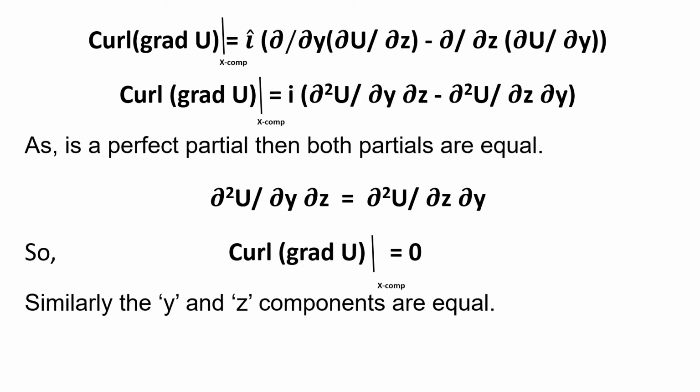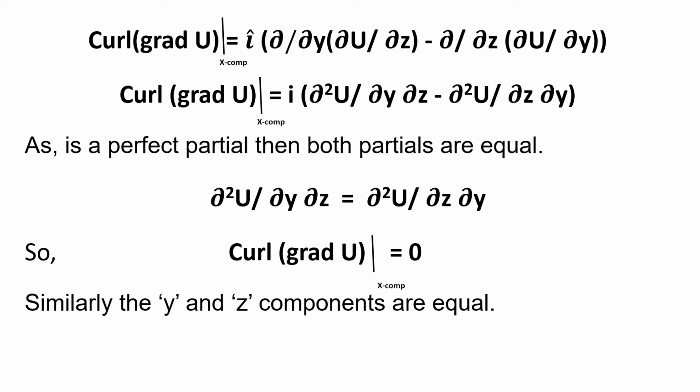Multiplying the partial outside the bracket into the inside, the x component of the curl of grad u is equal to i cap times partial square u over partial y partial z minus partial square u over partial z partial y.